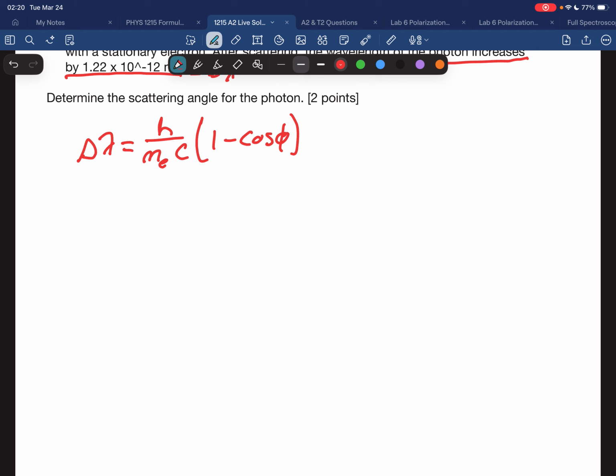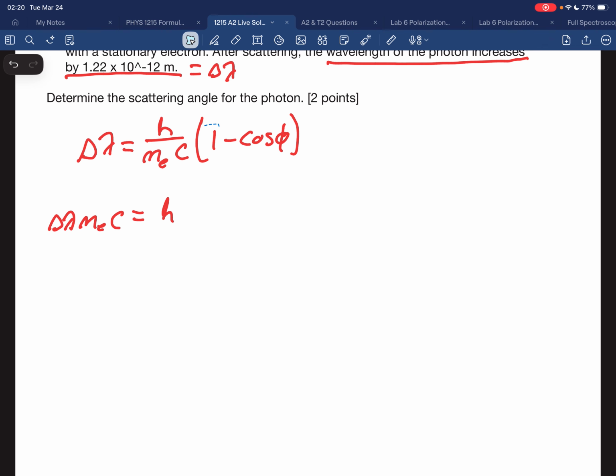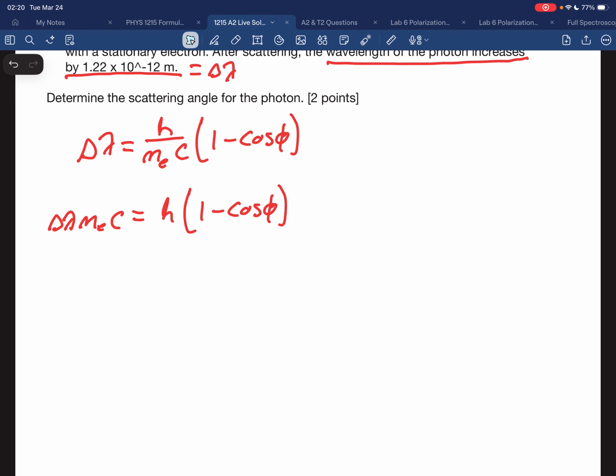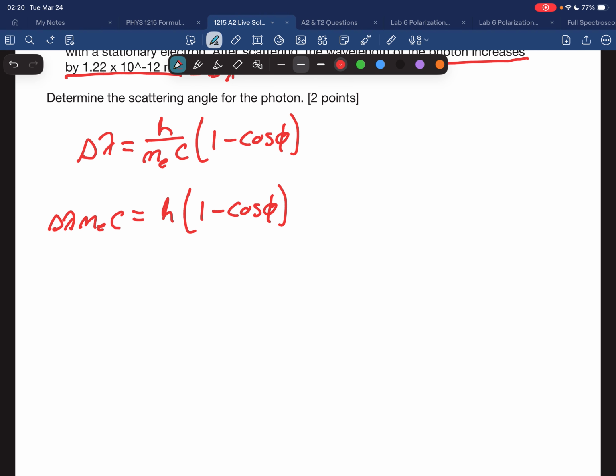So I'm going to go ahead and do that rearranging. First, I'm going to multiply everything by the mass of the electron and the speed of light. So delta lambda, m_e c. There we go. Now I'm going to divide everything by h.